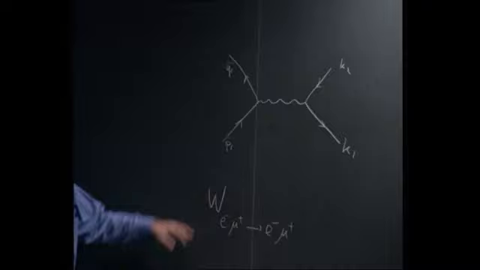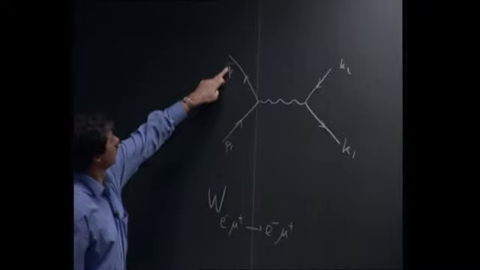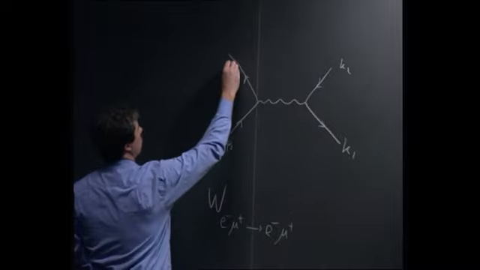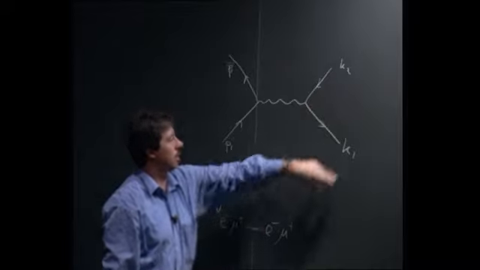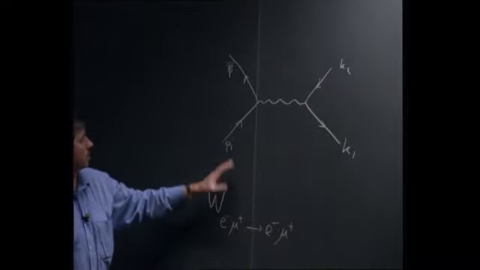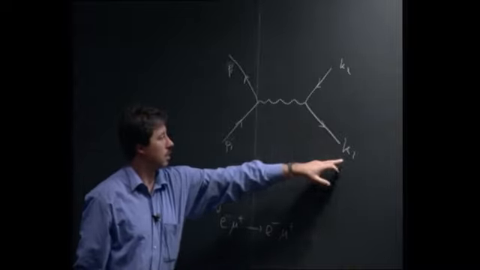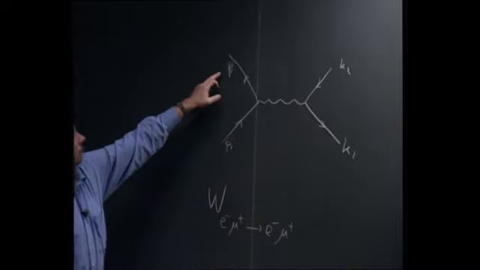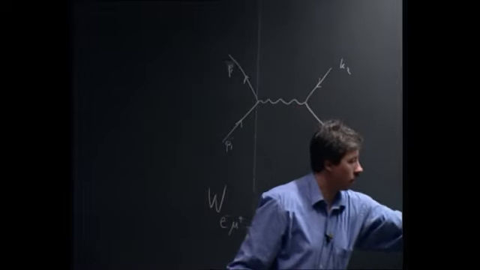The only thing is that the incoming momenta and the outgoing momenta are interchanged, because in this process I let time go in this direction. So these are the two incoming momenta and these would be the two outgoing momenta, and so the roles of S, T and U will be interchanged.